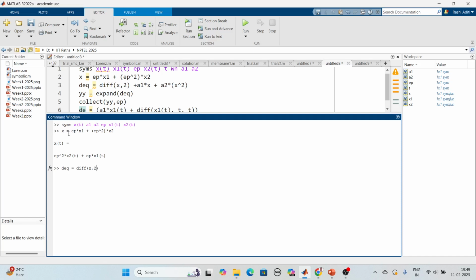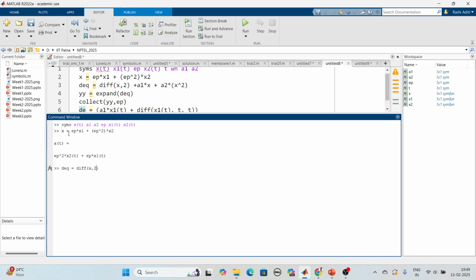You can specify time also, you can specify the variable also. But since I've already specified that my x is a function of time, when I'm writing DIFF x comma 2, it is actually calculating the second differential of x with respect to time, because x is a function of time.